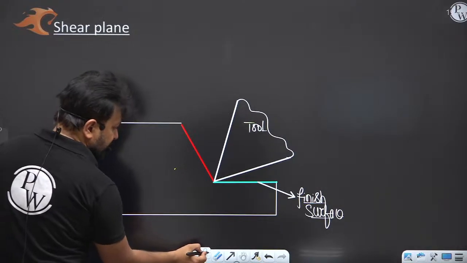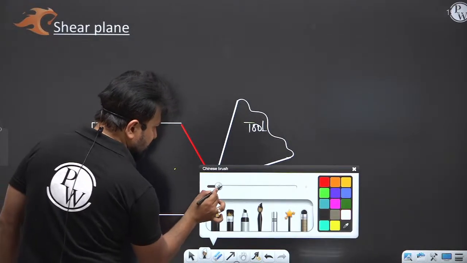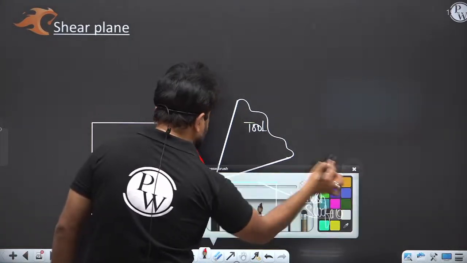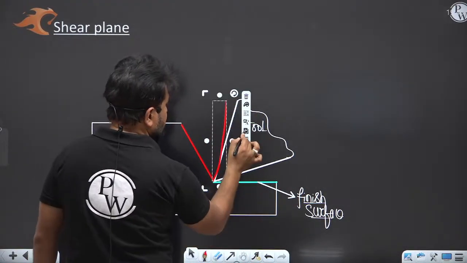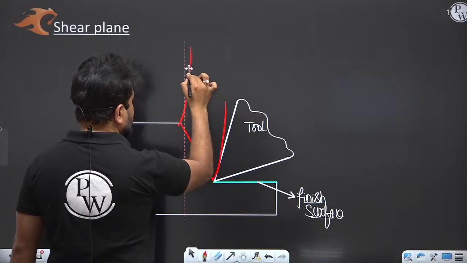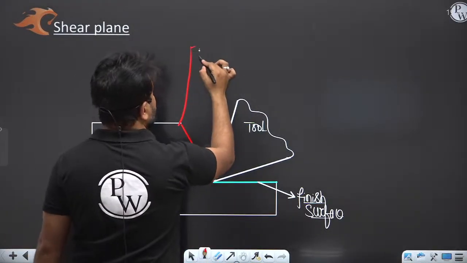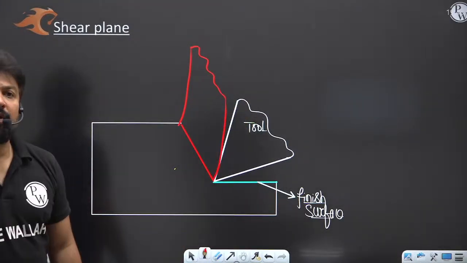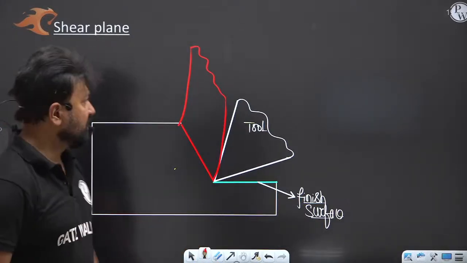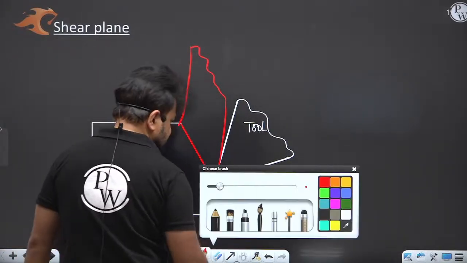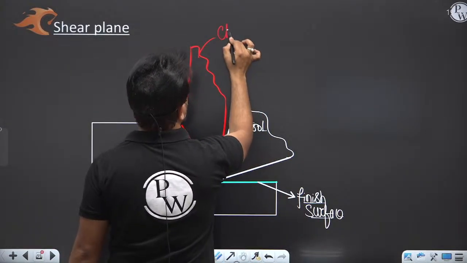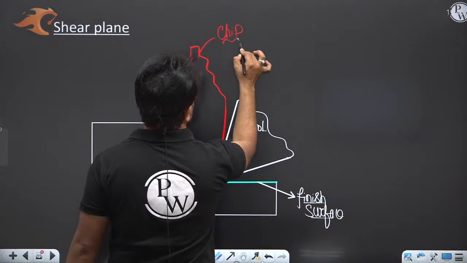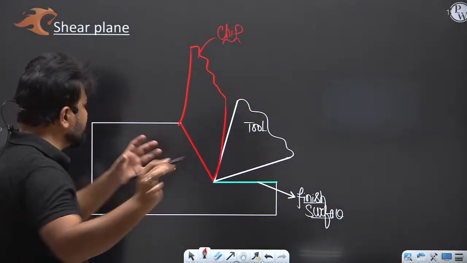Here you have seen that this is the chip which is going to be produced after machining.